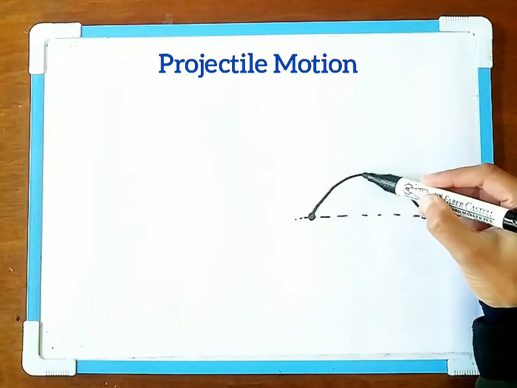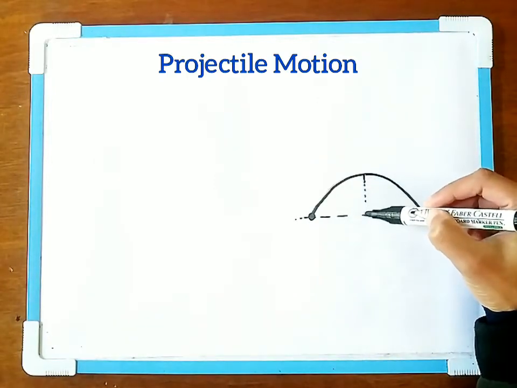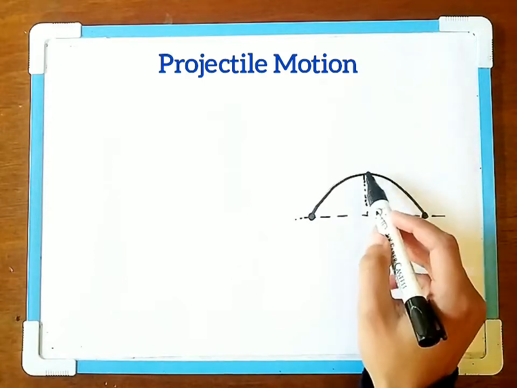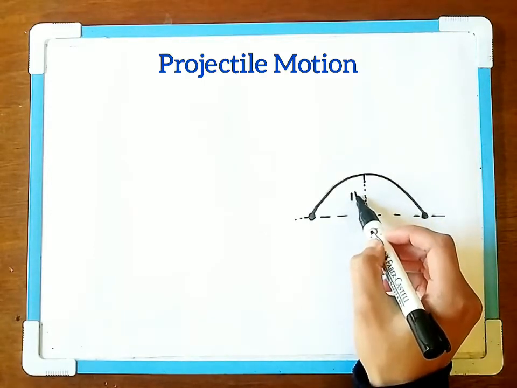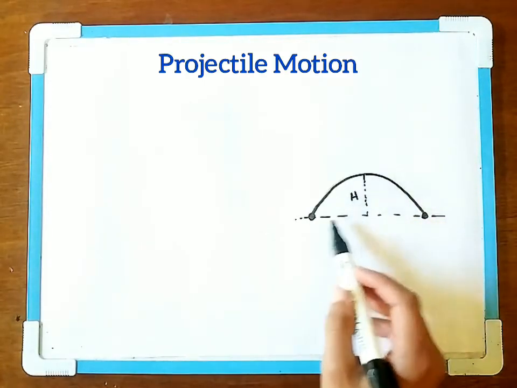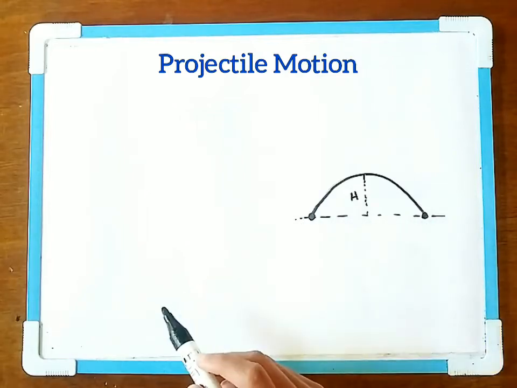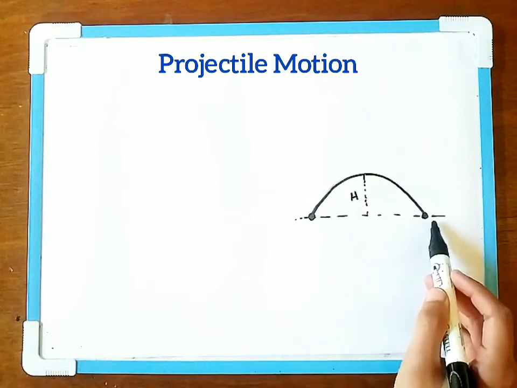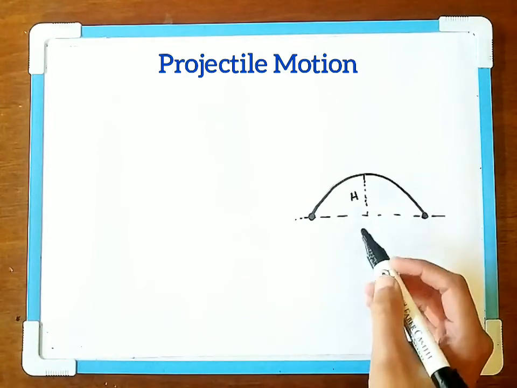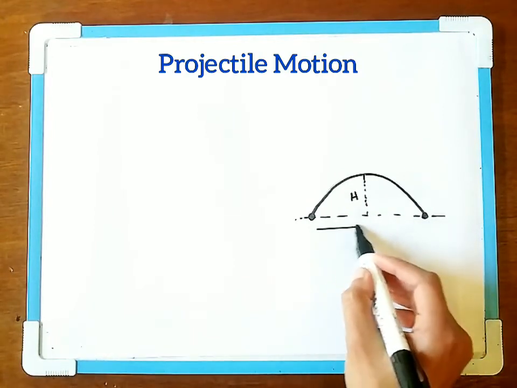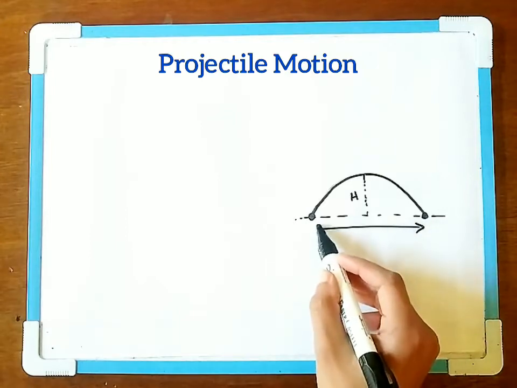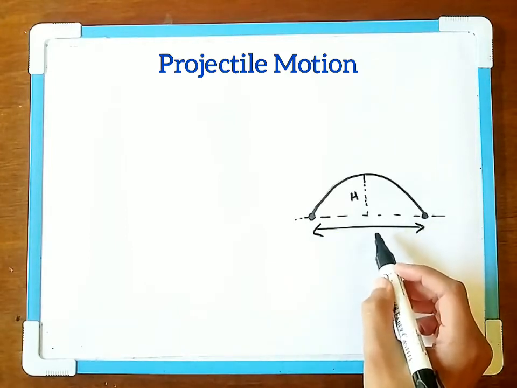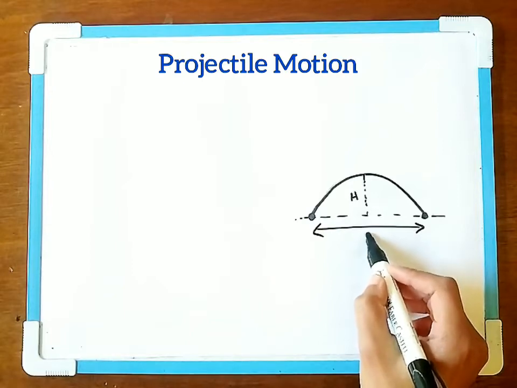This will be the maximum height attained by the projectile. This is denoted by h and is the maximum height from the ground attained by the projectile, and the distance from the starting position to the final position on the ground is known as the horizontal range, and that is denoted by r.